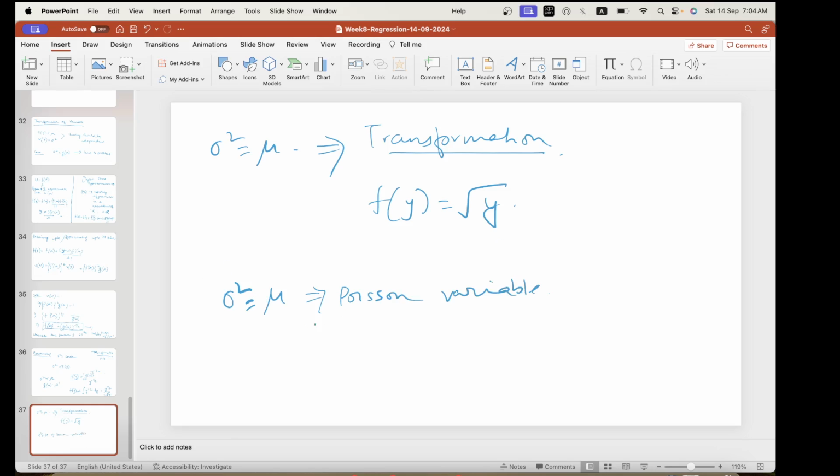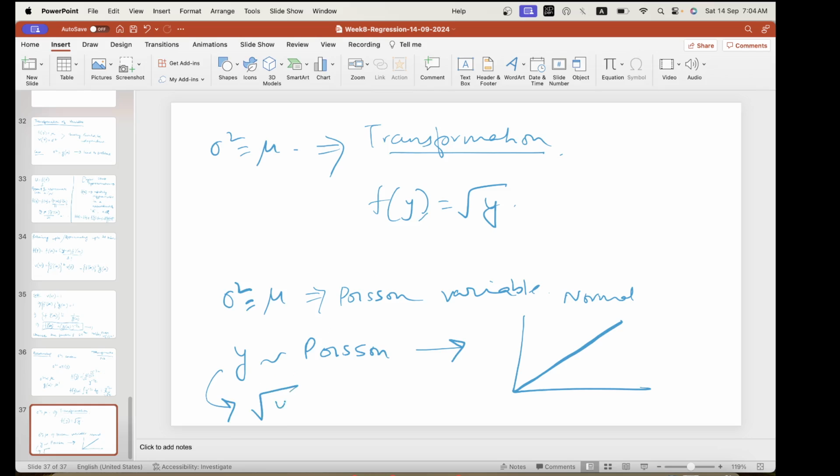In that case, if y is following a Poisson random variable, then whenever we are doing this normal probability plot, we will observe a deviation. It will not fall on this line, it will be deviated at later points. So in that case we have to use this transformation and transform this to root y.